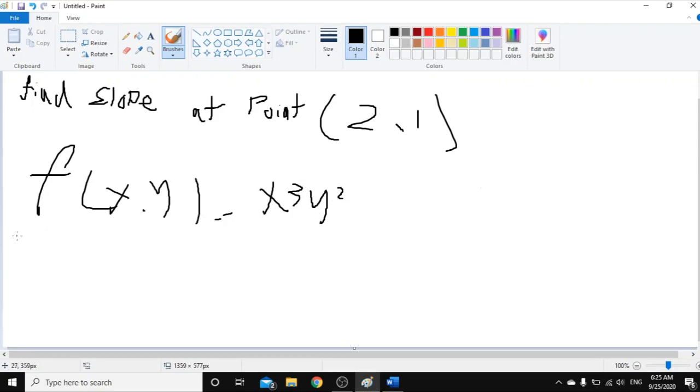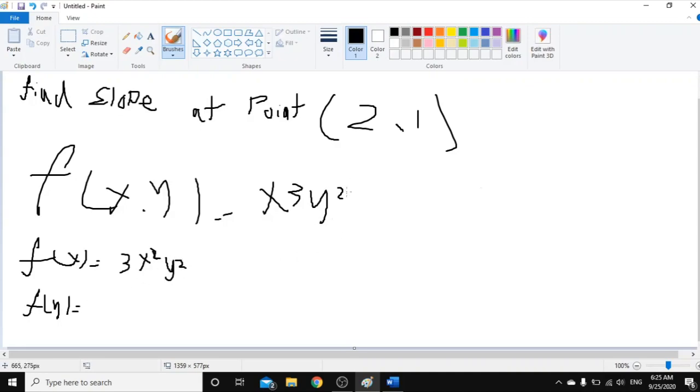Okay, so just find the partial derivative first with respect to x and with respect to y, as we did before. Here, with respect to x is 3x squared times y squared.